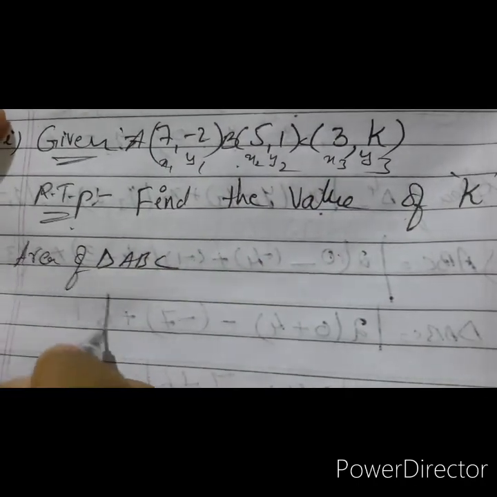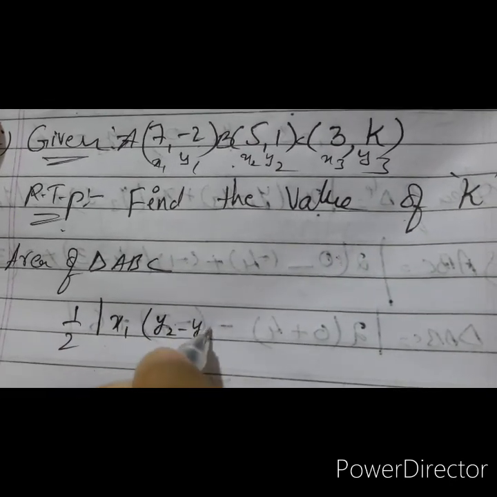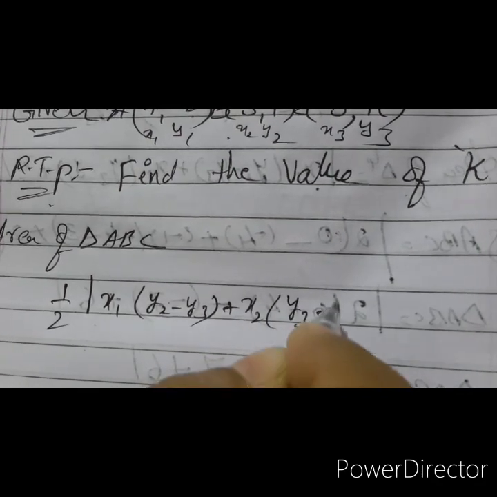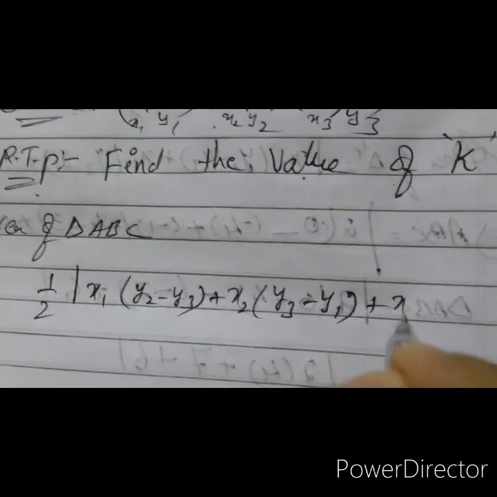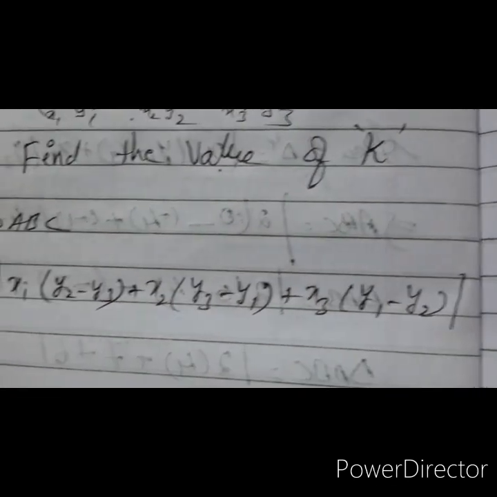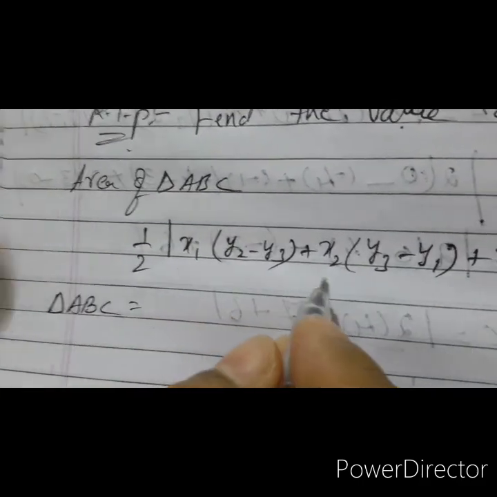As you know the formula, half into x1 into (y2 minus y3) plus x2 (y3 minus y1) plus x3 (y1 minus y2) square units.